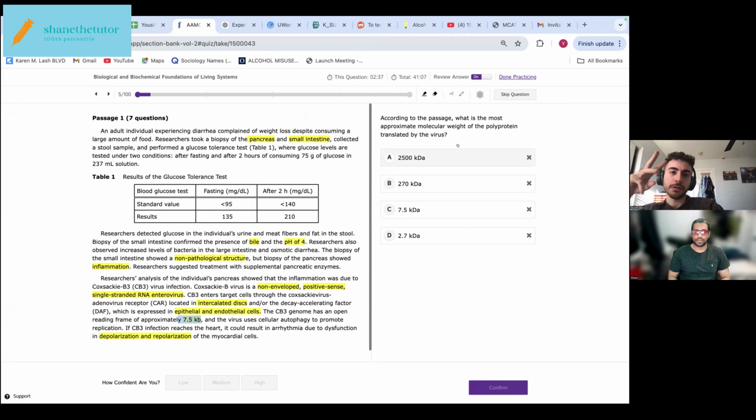I thought it was three nucleotides for one. Yep. Then one amino acid is 110 Daltons, per one amino acid.